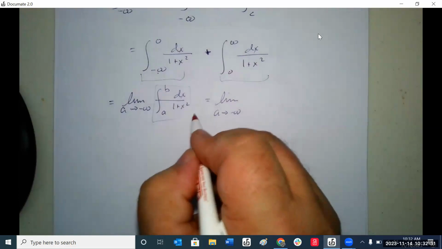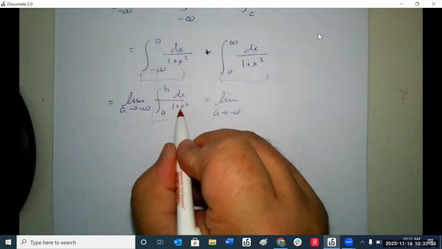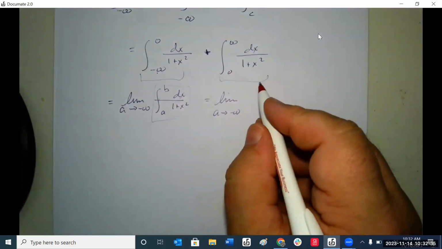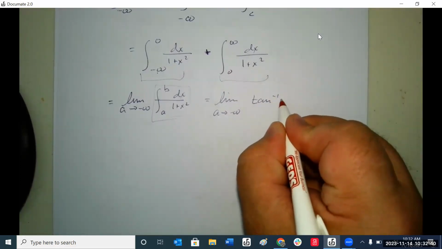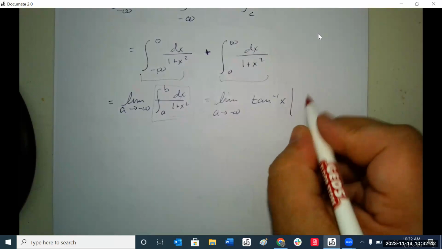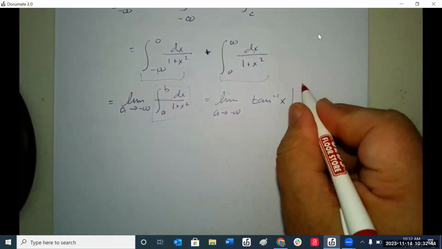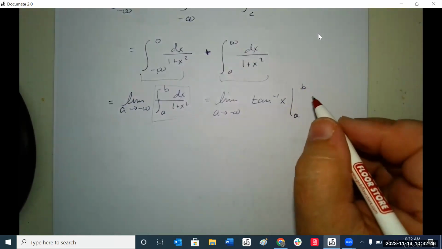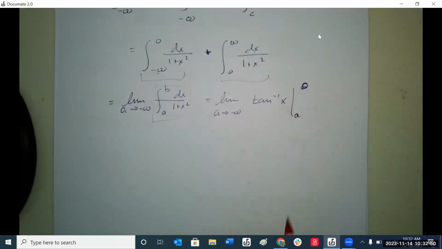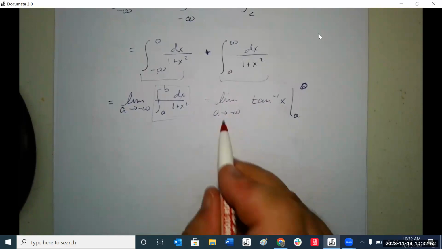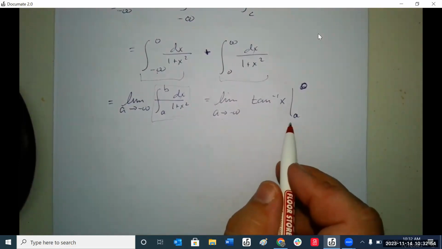The integral of 1 over 1 plus x squared is inverse tangent, from A to B. Well, this one's going to 0, and A is going to negative infinity.